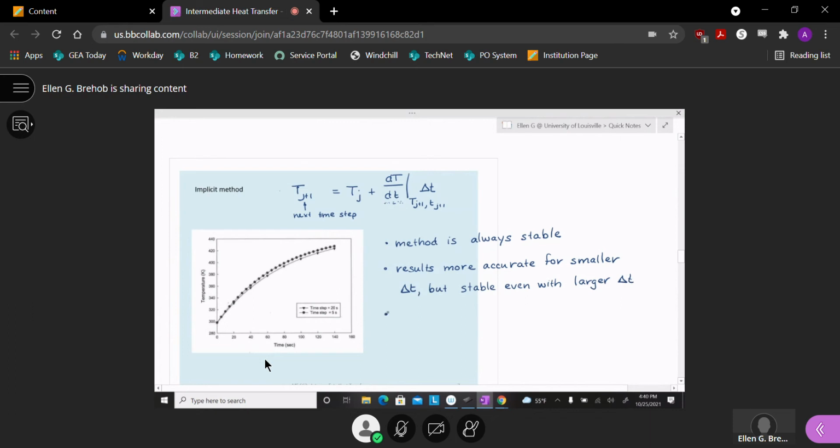The truncation error for this one is the same order as the previous one. So we're ignoring any higher order terms again. So no benefit to implicit method to reduce truncation error.